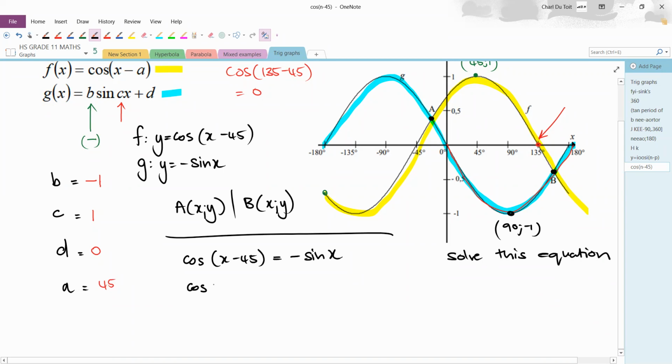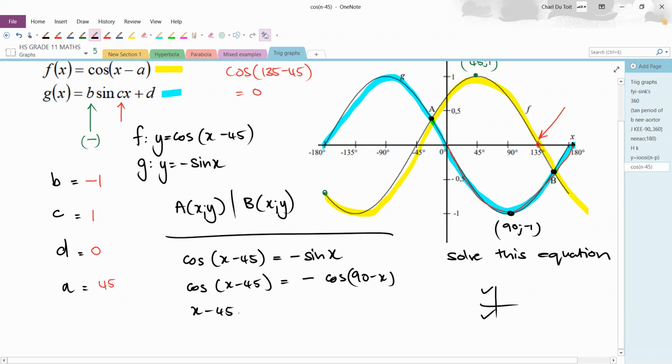Let's change sin. So I'm going to change sin to cos. That becomes negative cos of (90 minus x). So this is x minus 45.